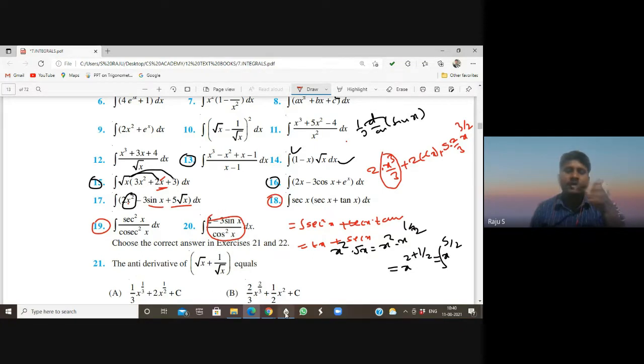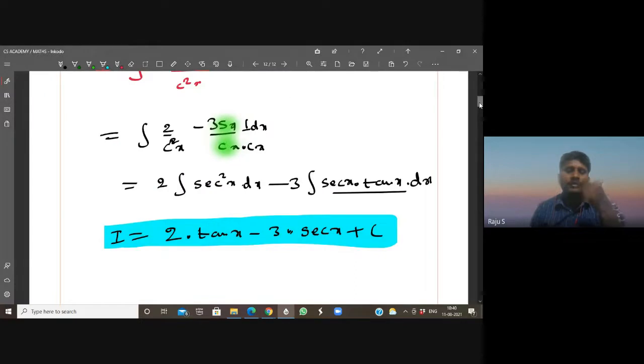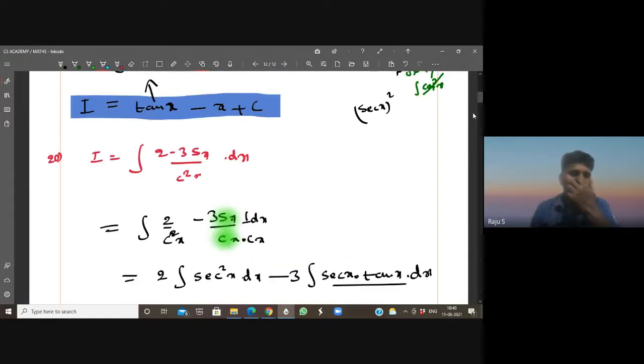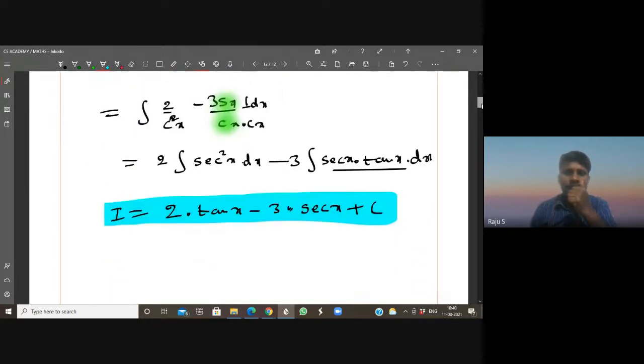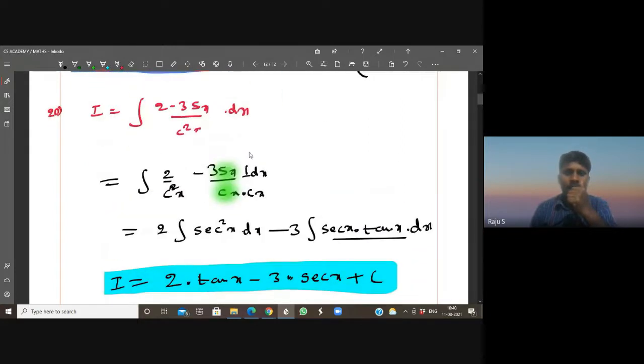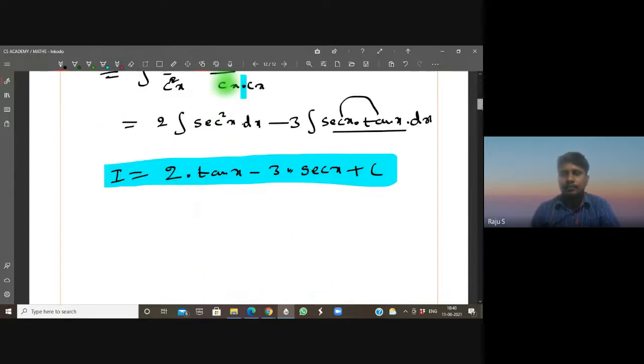No. So first I divided by cos square x separately, then took the constants outside. 1 by cos square is secant square, and sin x by cos square I wrote as cos x into cos x, sin by cos becomes tan, and 1 by cos becomes secant. So secant x into tan x integrates to secant x. Right, students? But you should not apply the UV rule directly, it is a formula.